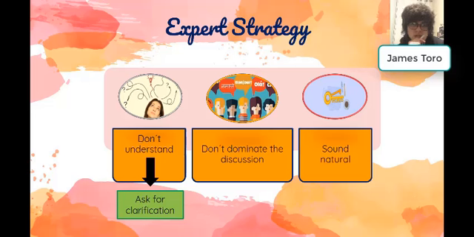Another important strategy is not to dominate the discussion. You also have to listen to your partner's opinion and ask questions or give follow-up comments. And finally, in this part, take the opportunity to use a wide range of language, but try to sound as natural as you can.